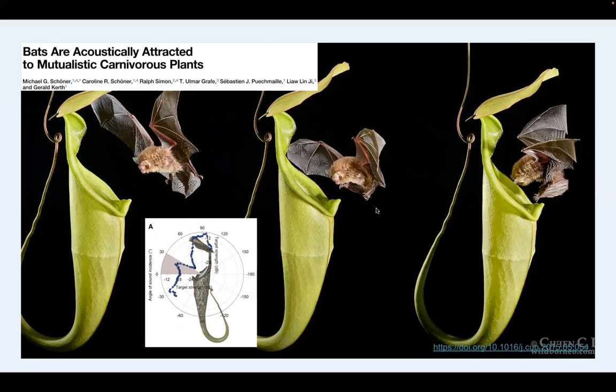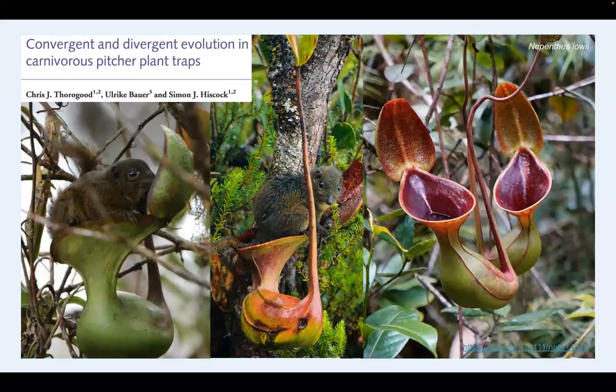And the bats are actually not victimized by these plants, but they might roost in there, put some waste in there. So acoustically attracted to mutualistic carnivorous plants. So the plants are carnivorous, but we'll see that there are ways that they're not necessarily eating the animals that are giving them waste.